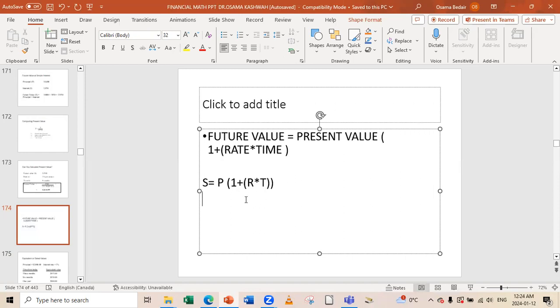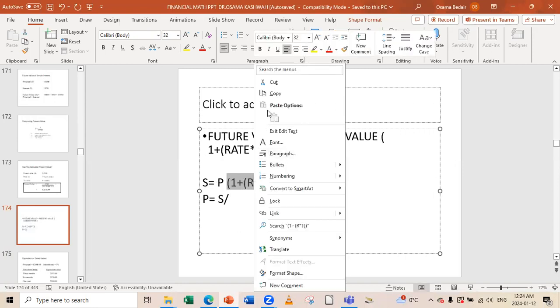But if we want to get the present value, P will equal, consequently, the far, which is S, divided by the near. The near is this amount.